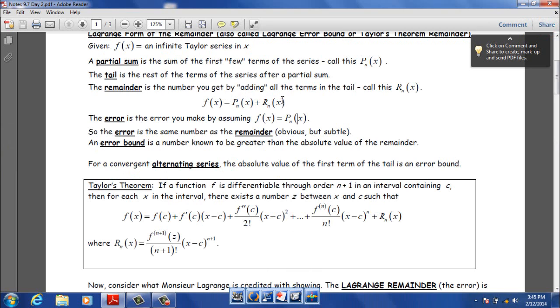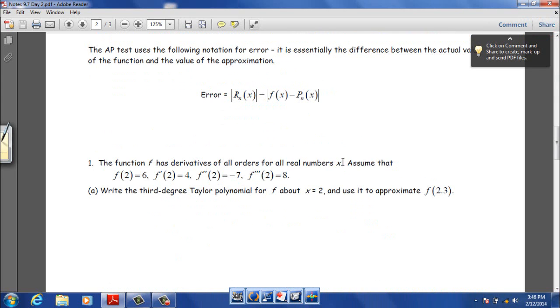So they've just essentially solved this equation for the remainder and say that the remainder is the same thing as f of x minus p of x. And oftentimes on the AP exam, they will ask you to find the absolute value of f of x minus p of x, and that's just their way of saying find the remainder or find the error of this approximation.